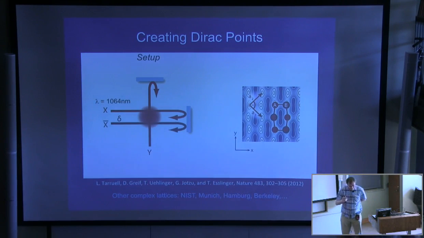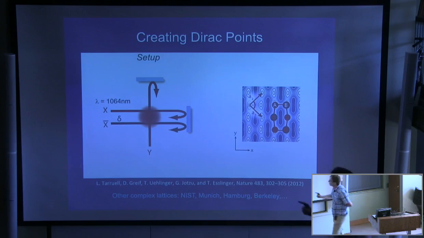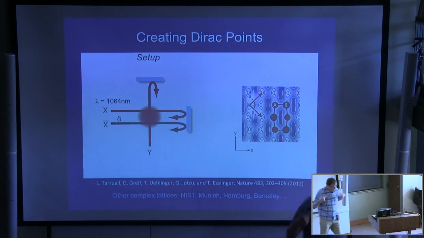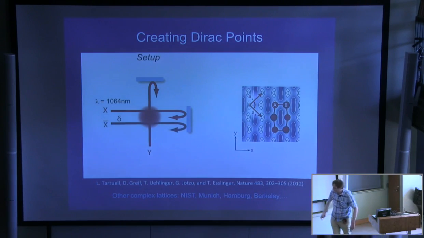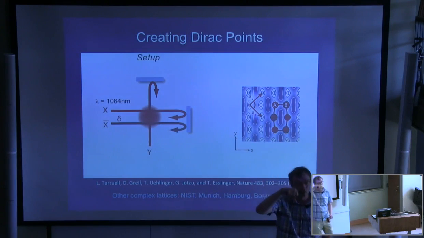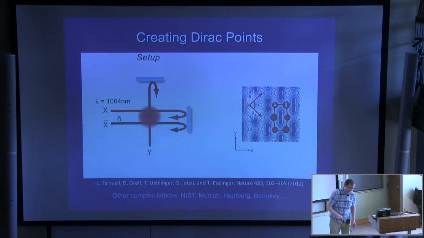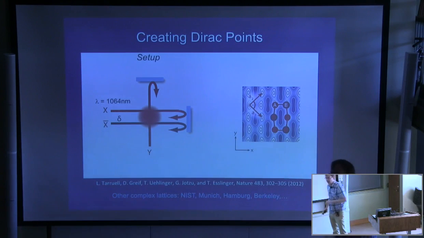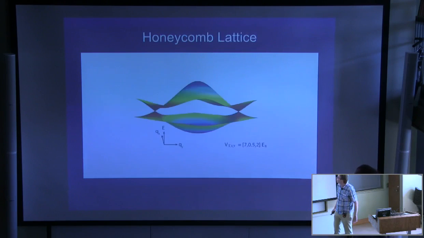And this beam is now shifted with respect to the minima of that one, so that it acts on those states, which are also the eigenstates of this, just by pulling the upper one down and the lower one up, but the states are not coupled. And that's how we get, in this configuration, the Dirac point. So that's one way one can look at it, and that is the band structure that we get.